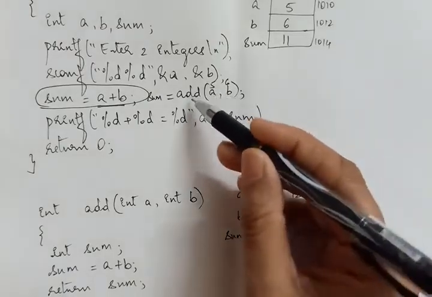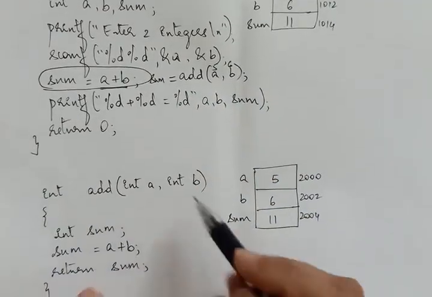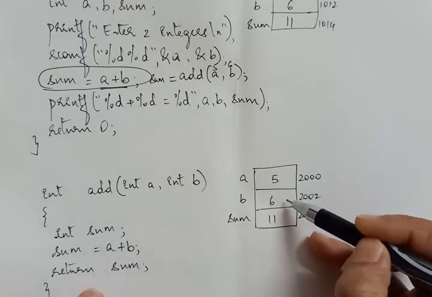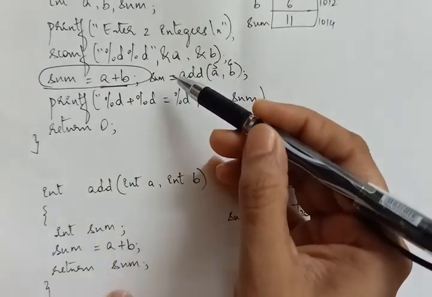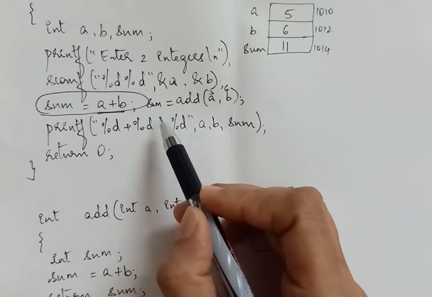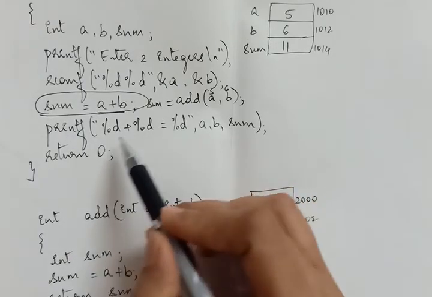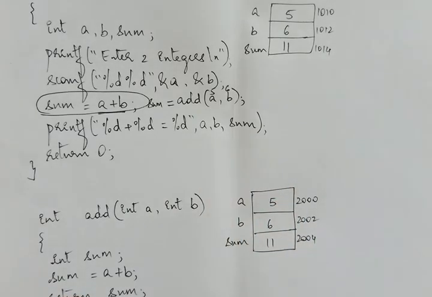Hence, the control of execution moves to the function and the values get copied here and the operation is performed. Then the result is returned back to the calling function. Hence, the function call is equated to a variable to hold the result. Then it's being used. So this is a simple example for a function.